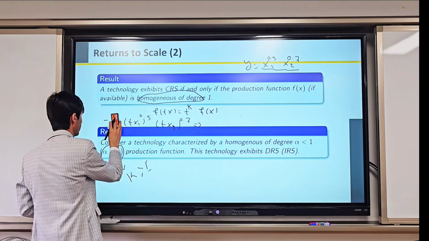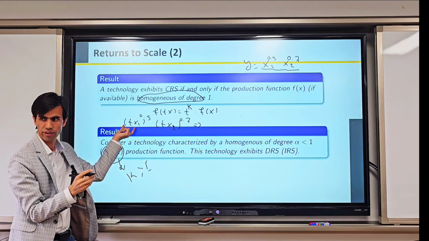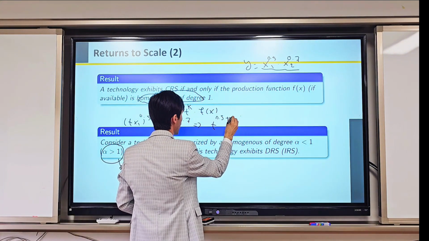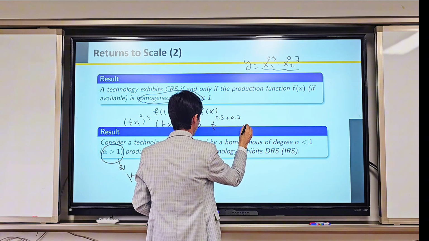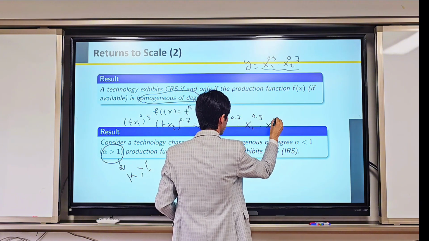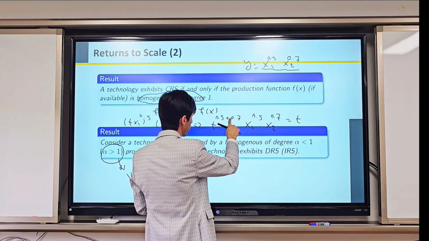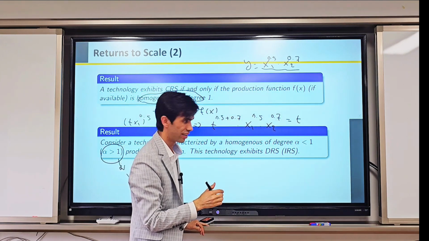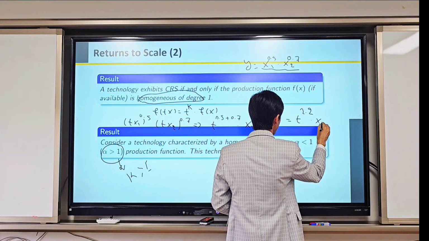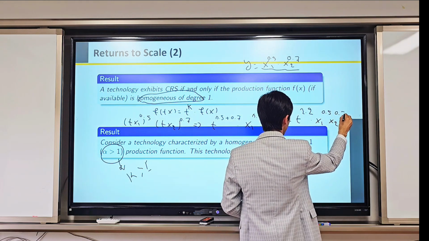We have t as a common factor, so it is t to the power of 0.5 plus 0.7 multiplied by x1 to the power of 0.5, x2 to the power of 0.7, which is t to the power of 1.2 multiplied by x1 to the power of 0.5, x2 to the power of 0.7.